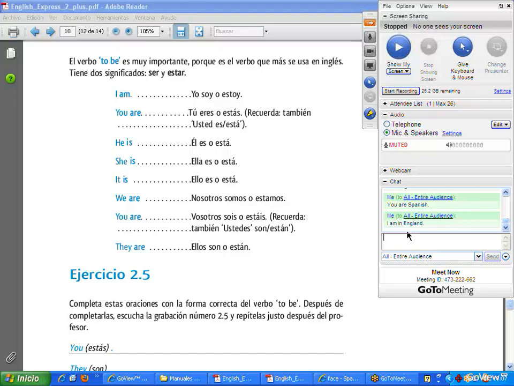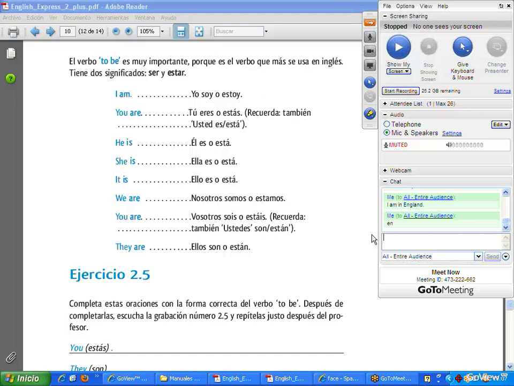So, what I want to tell you is, in English, no usamos tener. For la edad we use the verb to be. You say María tiene 20 años. In English, we say, Mary is 20 years old.